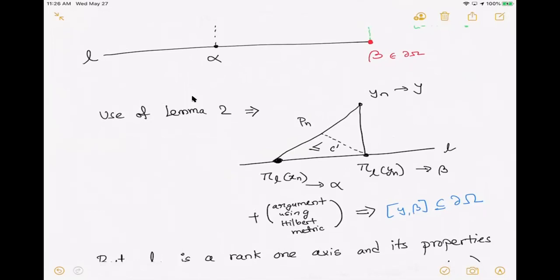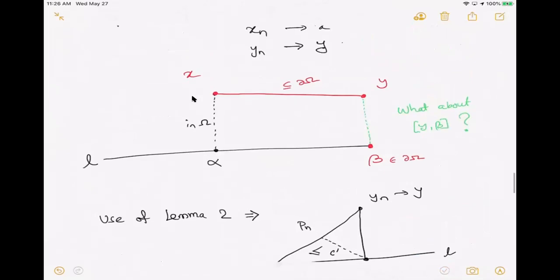Now, using properties of the Hilbert metric, we can show that this implies that the line segment joining y and beta is also in the boundary of omega. So we have shown that the line segment y beta, shown in green in this picture, is also in the boundary of omega.